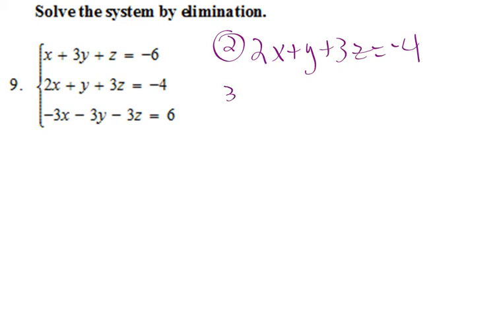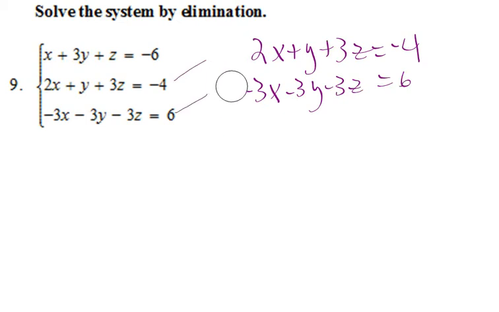And equation 3, I've got negative 3x minus 3y minus 3z equals 6. So that was just a straight copy of both of those. Now I'm going to add these to eliminate my z.